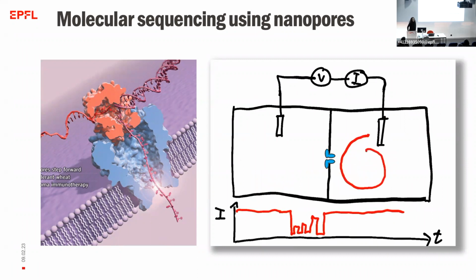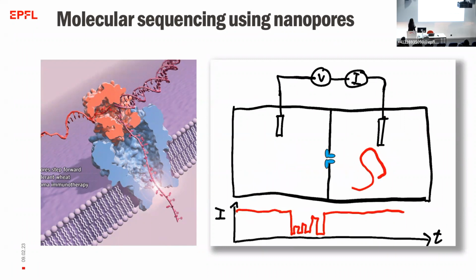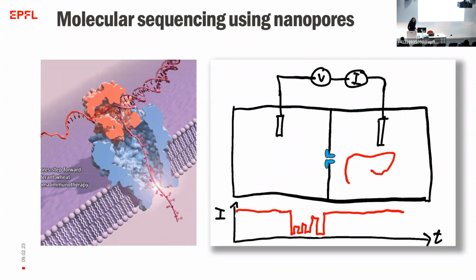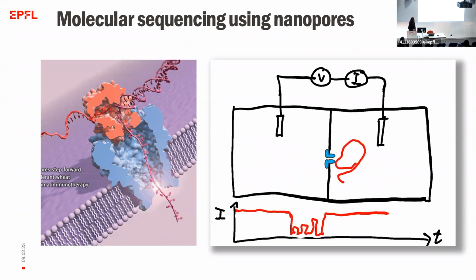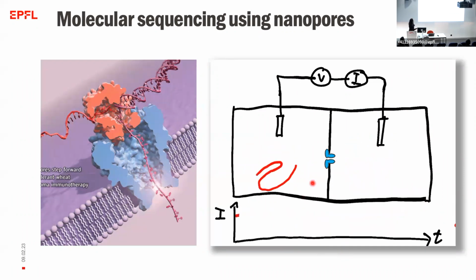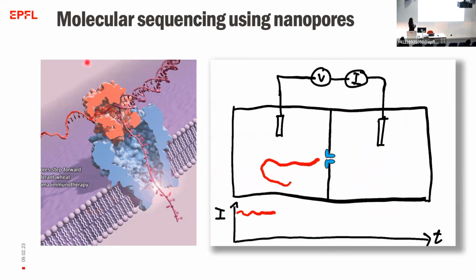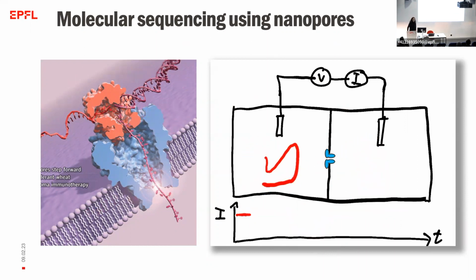But unfortunately, this didn't happen until there was a nice idea from a colleague, Jens Gundlach, to couple the biological motor that pulls on the DNA and regulates this speed and allows electronics to really read these minuscule changes in the current that are linked to the changes in the sequences. So my goal in 2003 was actually to go away from this biological motor, but have some engineered way of controlling this translocation speed.